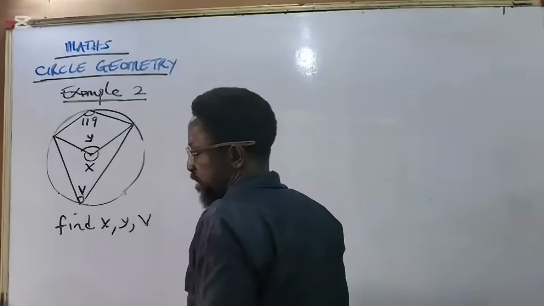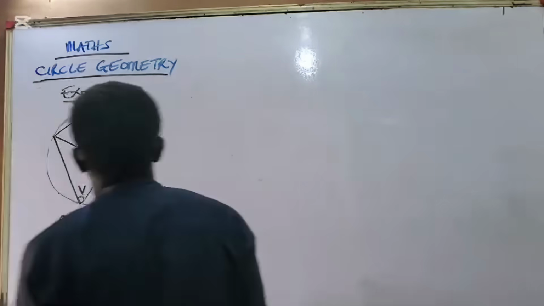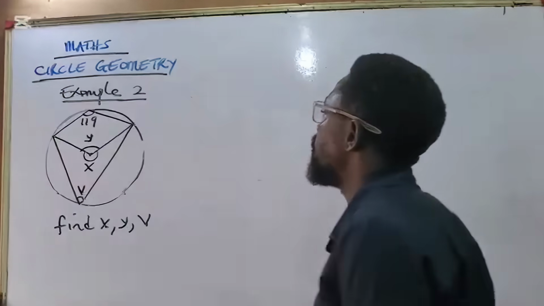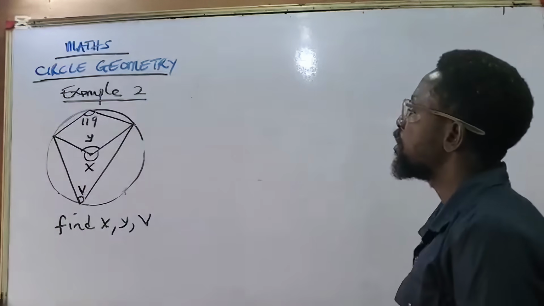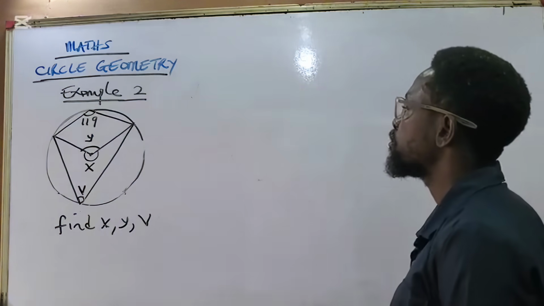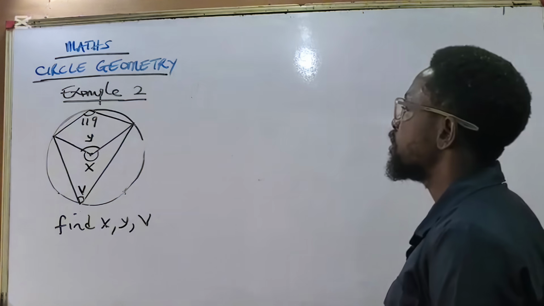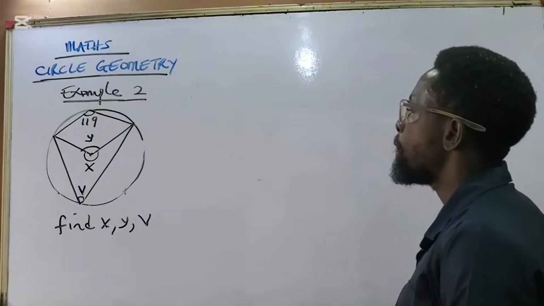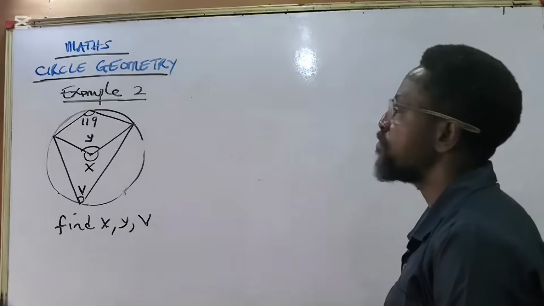Now for this question, let's take a look at the question again. Look at the diagram now. We need to think about the theorem we are going to use to solve this particular question. The same thing: angle at center is twice the circumference.